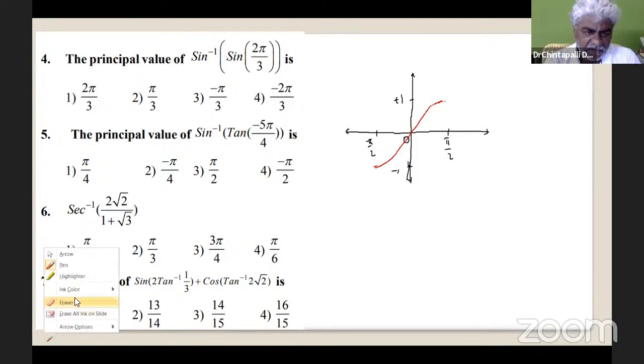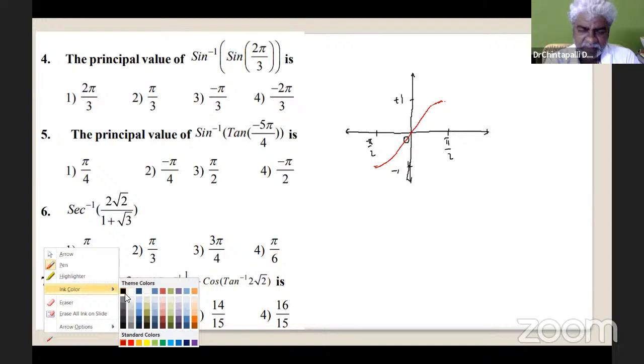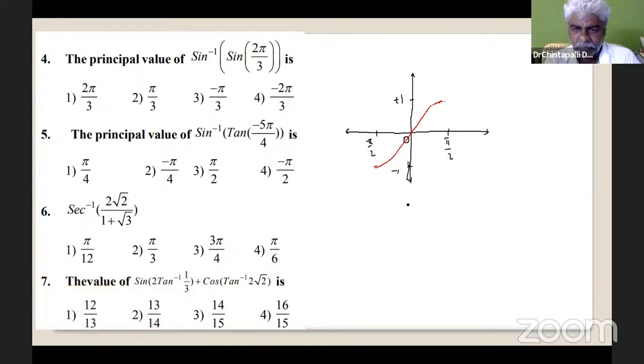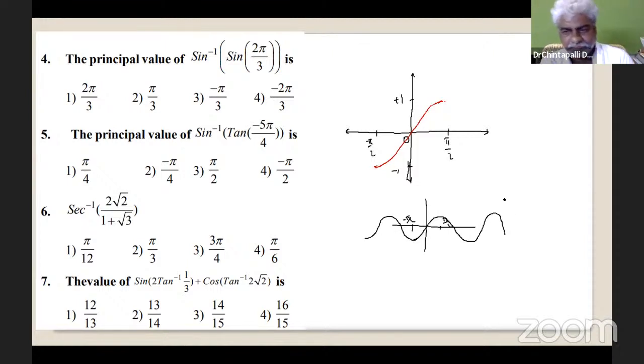It is called the domain of sin x. Because if we exceed that, if we continue beyond minus pi by 2 to plus pi by 2, it is the graph of sin x.